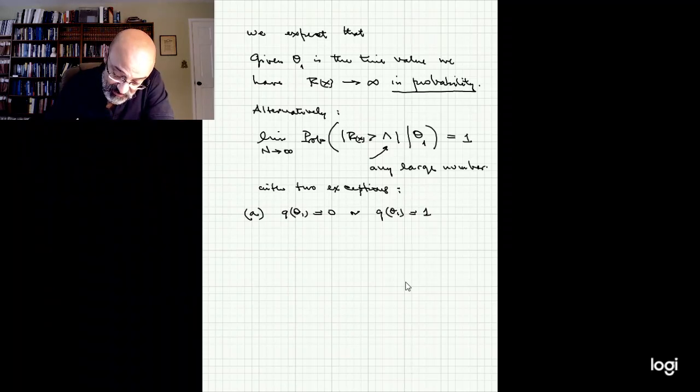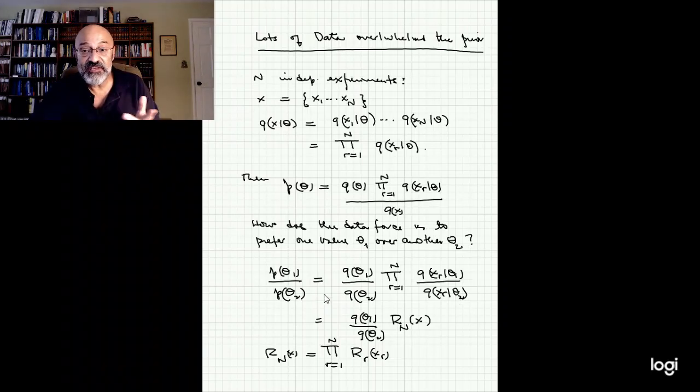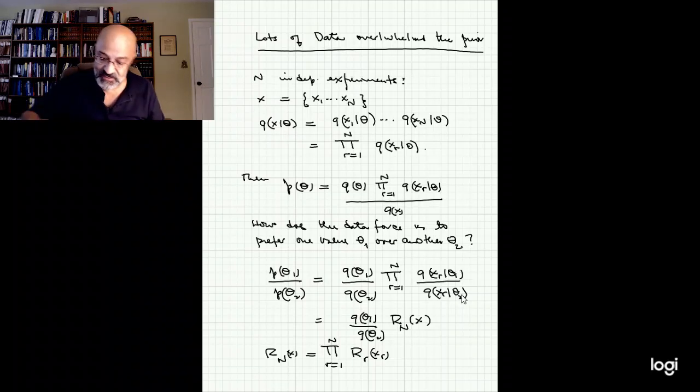The second situation is the one in which, well, okay, you're fine, these two priors can be different, they're definitely not 0 or 1 or all that. But if your experiment is such that the likelihood for theta 1 is exactly the same as the likelihood for theta 2, that means that measurements of x cannot distinguish between theta 1 and theta 2.